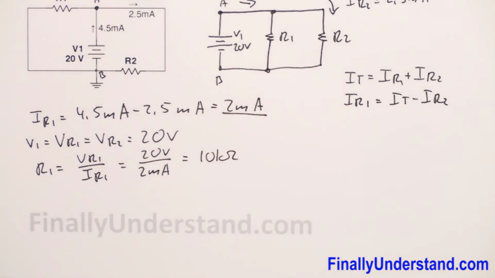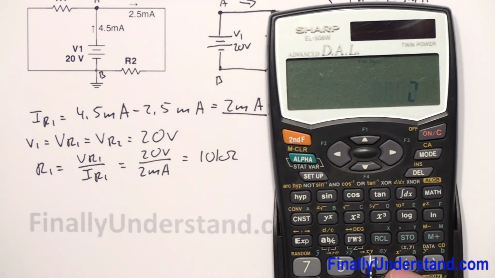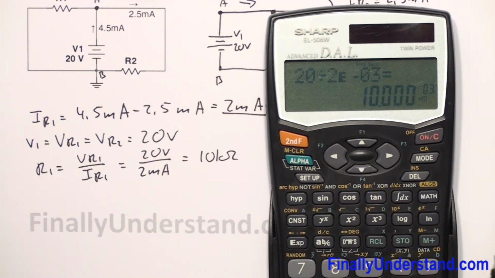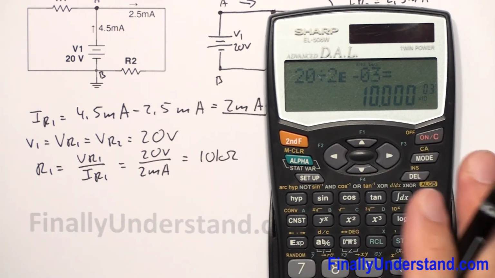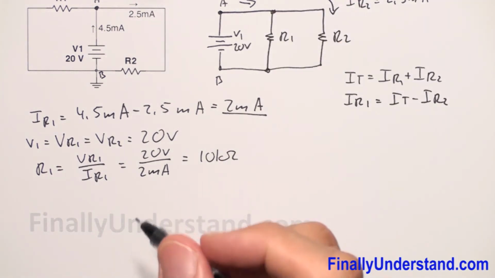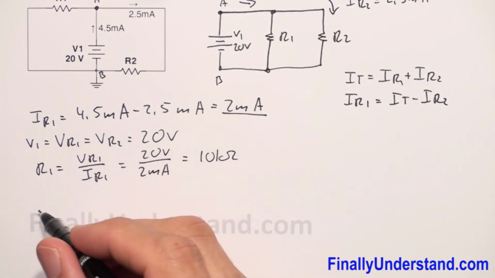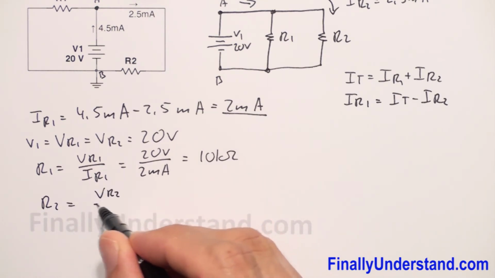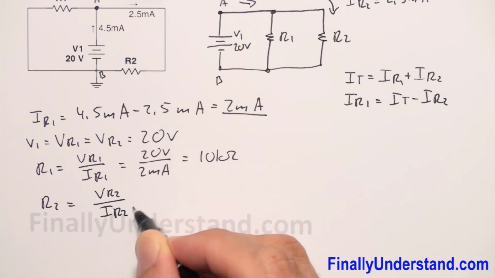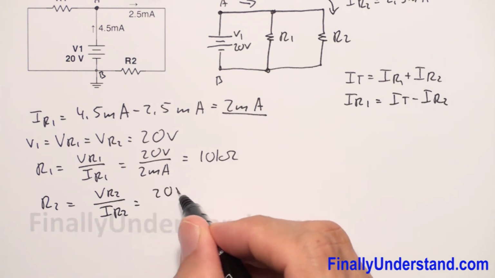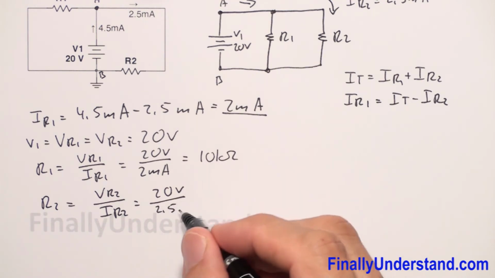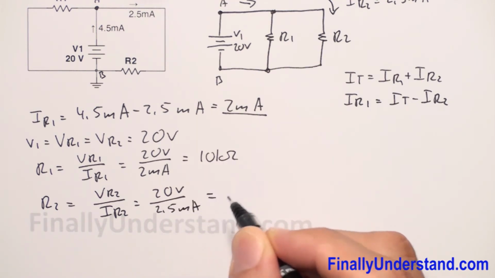If you don't see that, you can always use the calculator. So I have 20 divided by 2 exponent 3 negative, which is equal to 10 kiloohms. Next, we're supposed to find R2. R2 is equal to VR2 over IR2, which is equal to 20 volts over 2.5 milliamps.